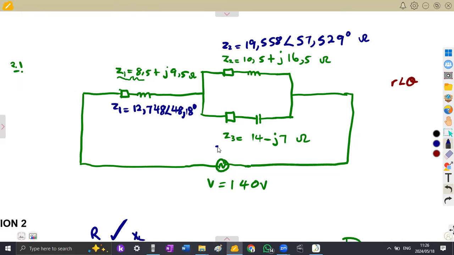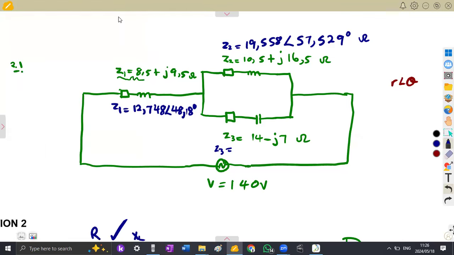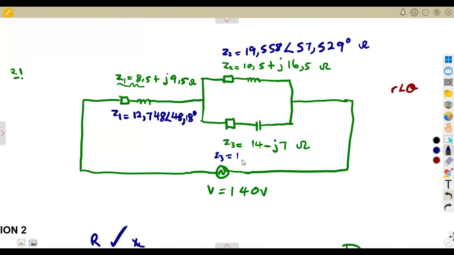So that was going to give us our Z3, which is 15.652, and also the angle being negative 26.565. So we have got everything in polar form and also in rectangular form.